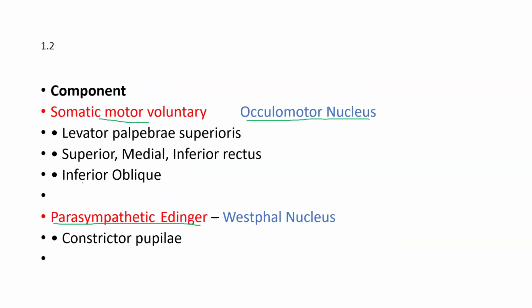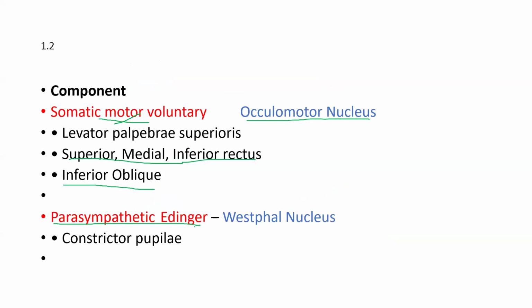Then what we see, the motor component will supply these muscles. For the external eye muscles, the main nerve is the oculomotor nerve. So we have the superior, medial, and inferior rectus, and inferior oblique.